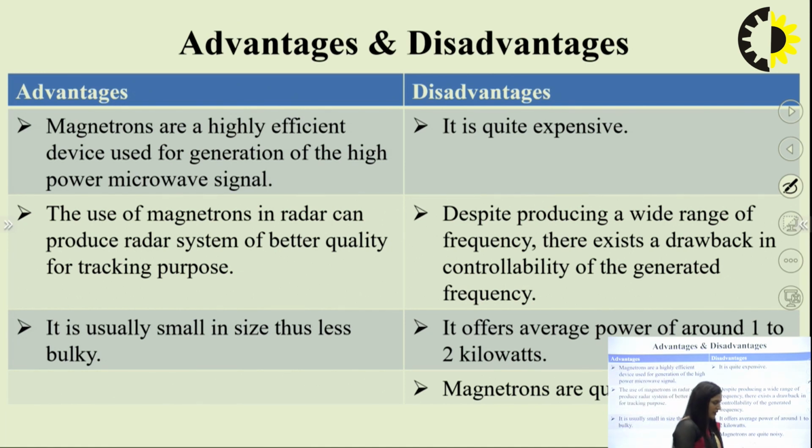So these are some advantages and disadvantages of the magnetron. Magnetrons are a highly efficient device which is used for generation of high power microwave signals. It means in all types of microwave sources, this is highly efficient and it is basically used for high power microwave signals.